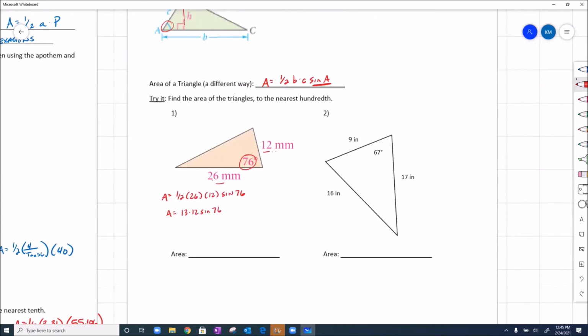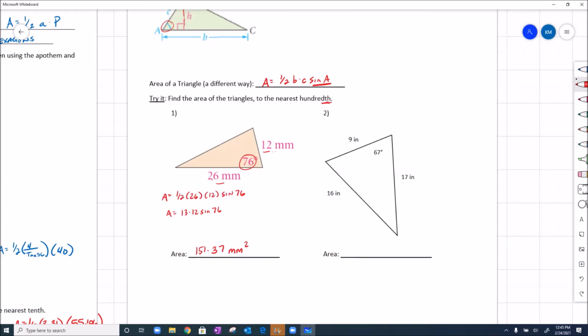Again, you can do that however you want to do that. 13 times 12 times sine 76 should give us 151.36. So 151.37 millimeters squared, to the nearest hundredths.